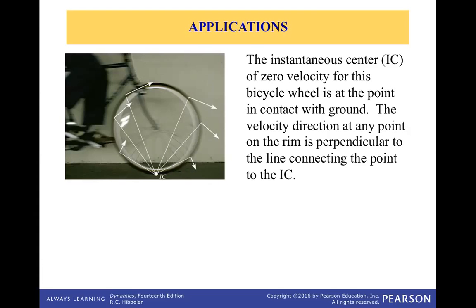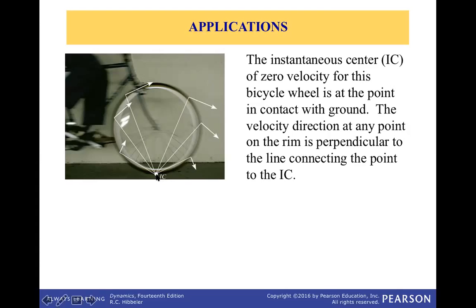Then at a certain instant, there will be a point on the body, or maybe outside of the body, that is having zero instantaneous velocity. For example, if you are riding a bike, the point on the wheel that is in contact with the ground is a point that is having zero instantaneous velocity at that given moment.